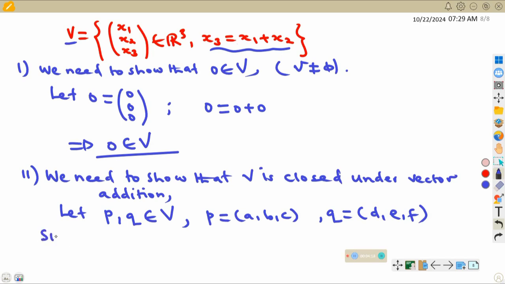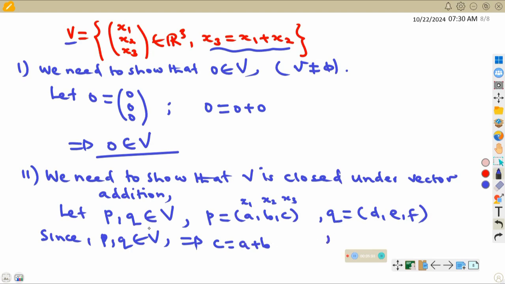So since P and Q belong to V, then it implies P and Q satisfy this given condition, that their x3 component is same as x1 component plus x2 component. So what is the x3 component? According to this, x3 component is C. So C is the same as A plus B. This is like your x1, this is like your x2, this is like your x3. So C is same as x1, which is A plus B.